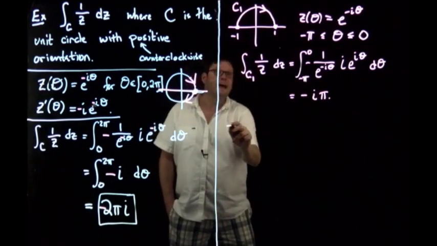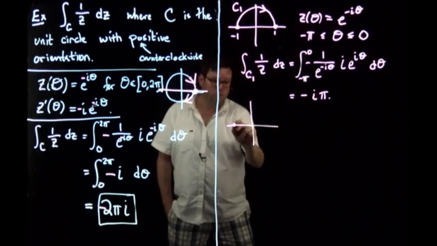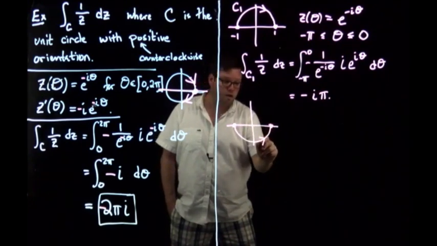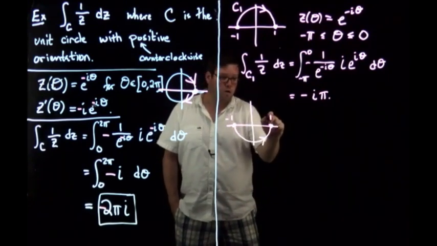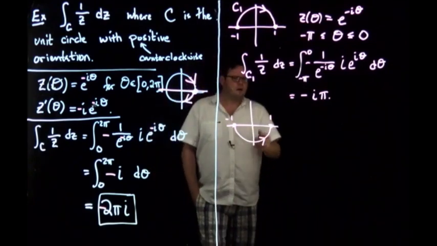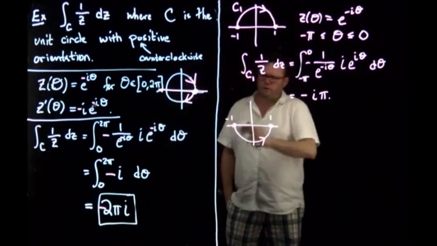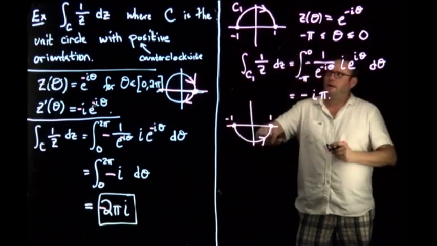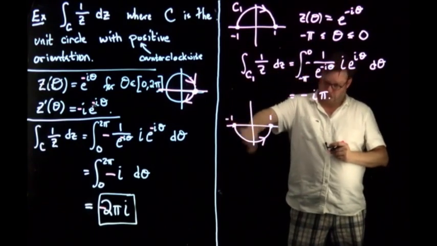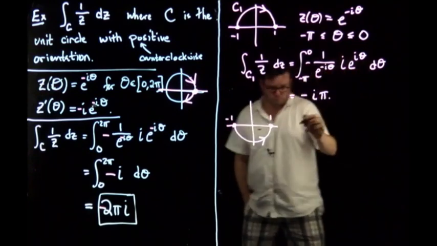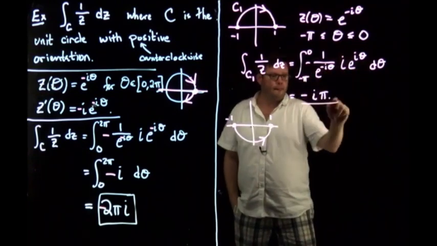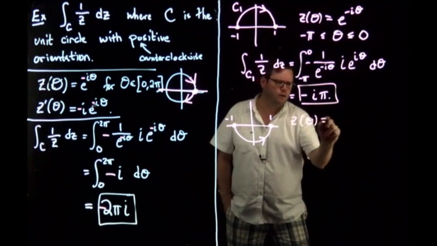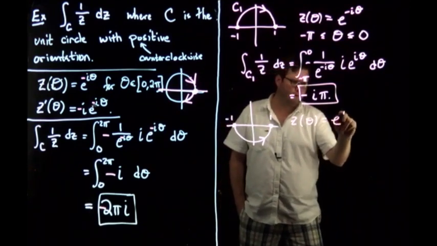Now, what if instead we went along the lower hemisphere? Now you'll notice we're still going left to right, but it became counterclockwise. So here, we would like to use our normal parameterization.